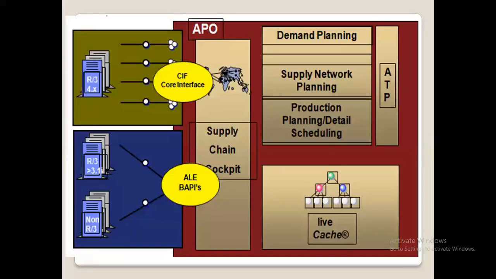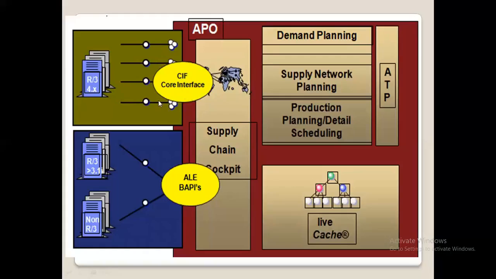Come to the structure of SNP. The SNP is going to connect to external authorized systems with the help of the core interface.